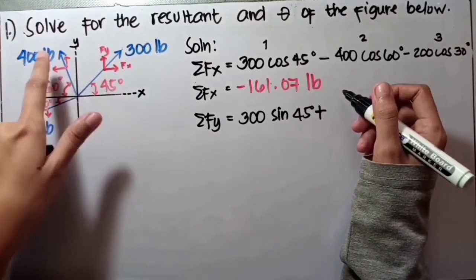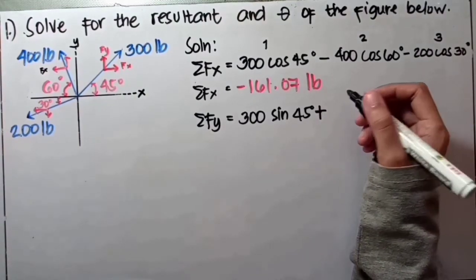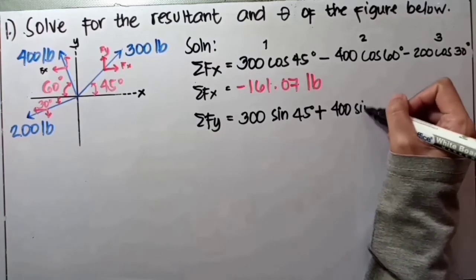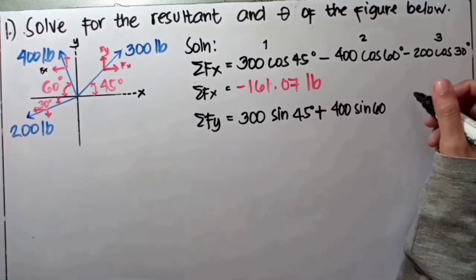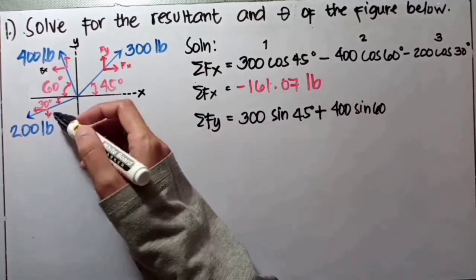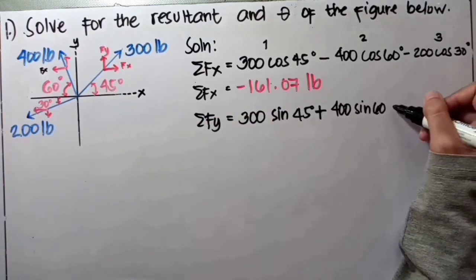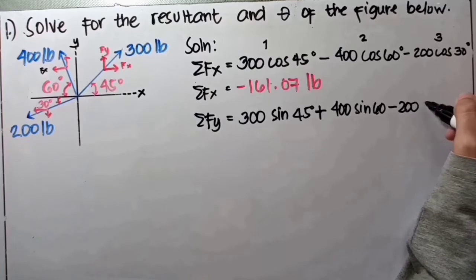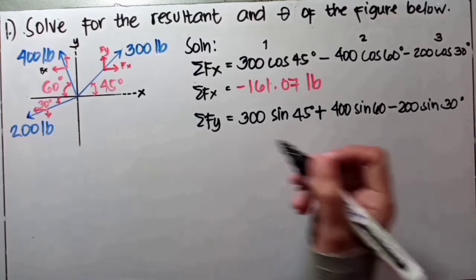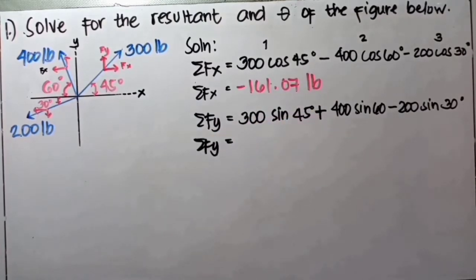Why plus? Because both are going up, the upper portion of the y-axis, so positive. 400 sin 60. And for the 200 pounds, it is different, it becomes negative since the force Y is facing downward. So negative 200 sin 30. Now we can calculate the forces Y.